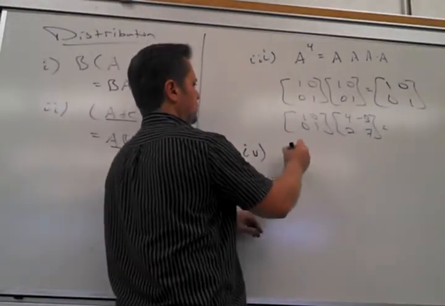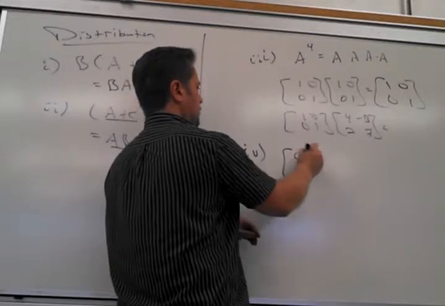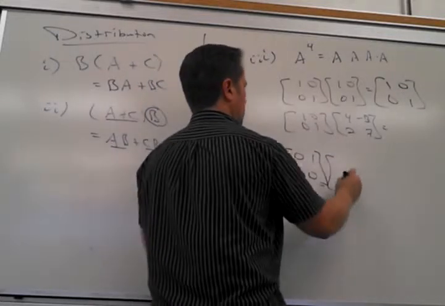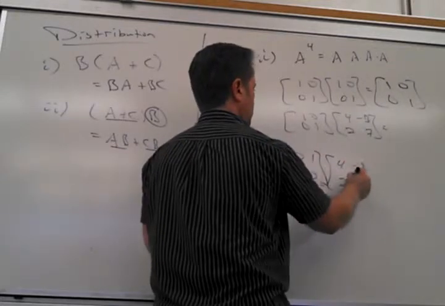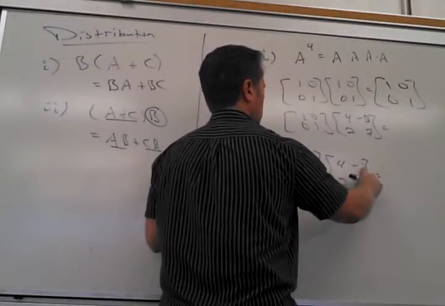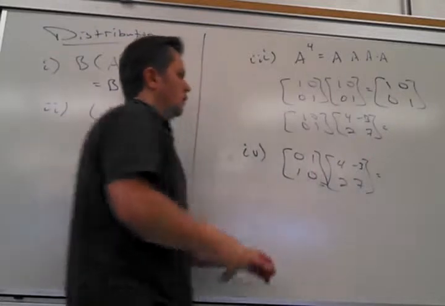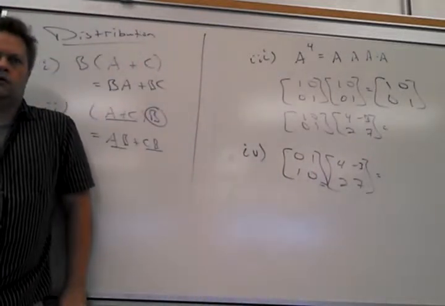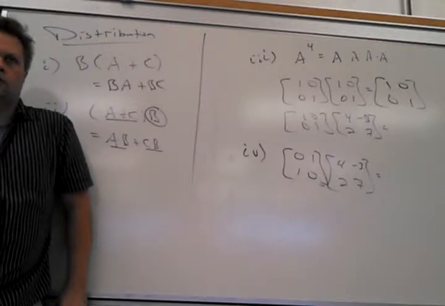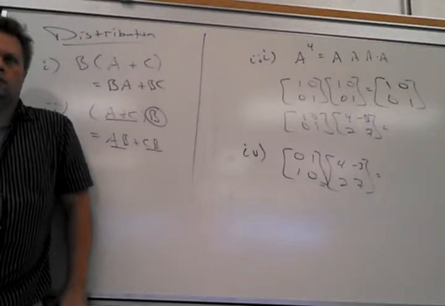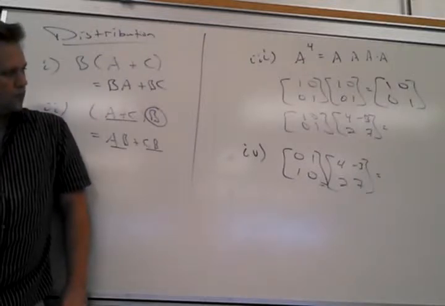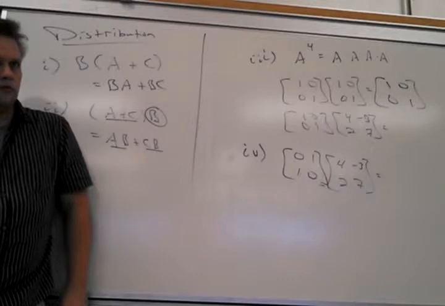So if I took, for example, here's where things get interesting. If I took 0, 1, 1, 0, do this real quick for me. Multiply that by 4, negative 3, 2, 7. Switches it.